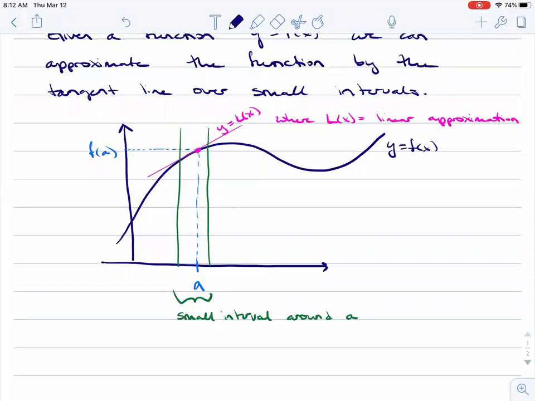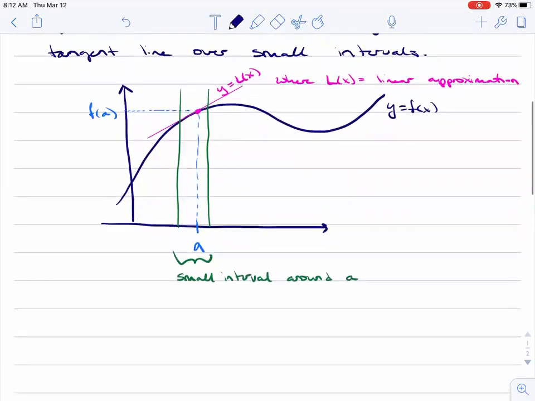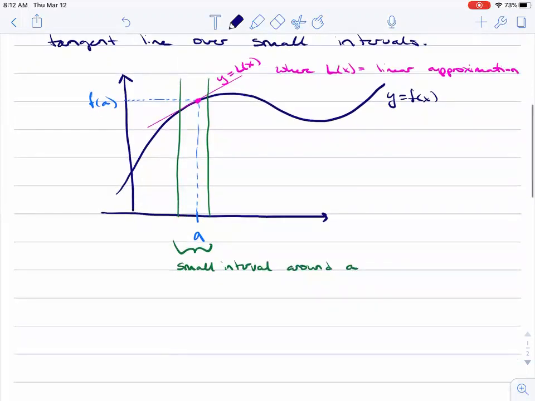So of course, thinking pre-calculator times, this would have made your life so much easier if you had to evaluate these functions. And we cover it because we have to find the equation of a tangent line, and then we can use it. And then we also introduce this idea of linear approximation.